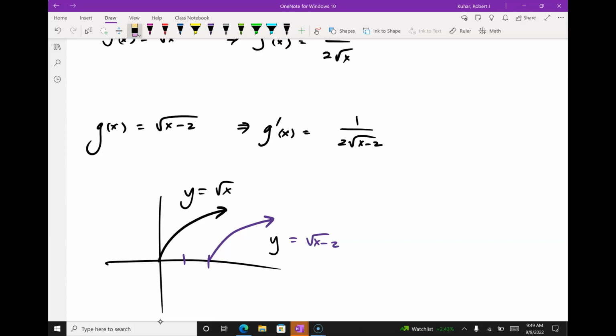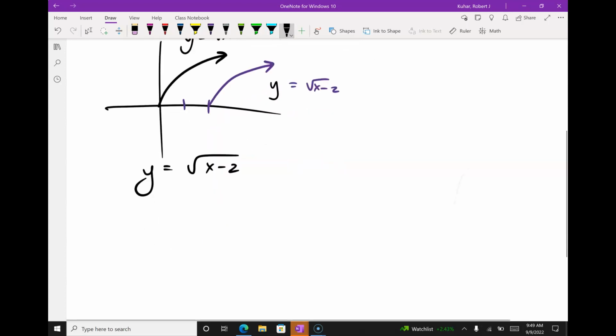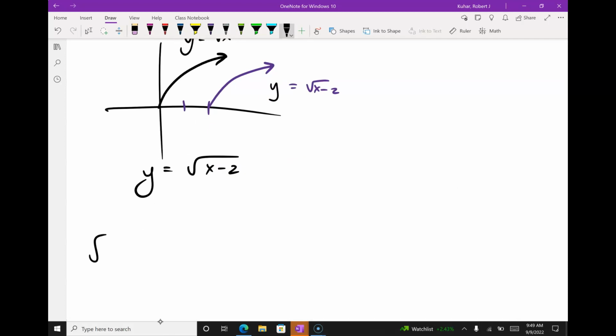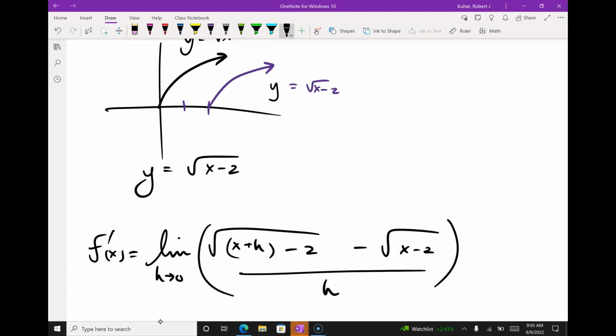All right, let's do this one with our limit. So we're going to use y equals square root of x minus 2, and we're going to get y prime, or f prime of x. So square root of x plus h minus 2. Those parentheses aren't really needed. You'll get used to it. Everybody with me, though?